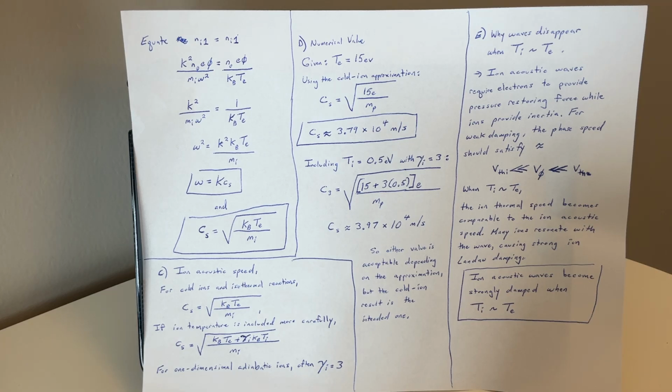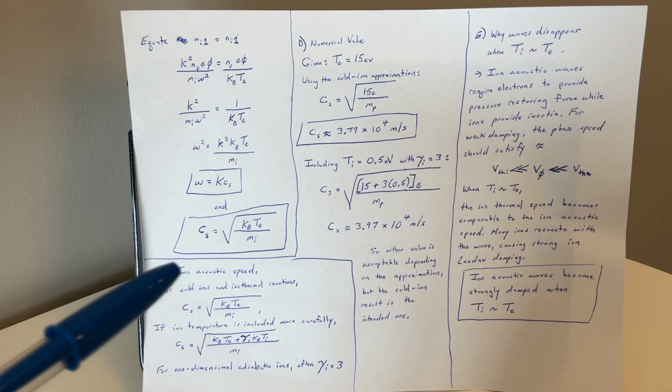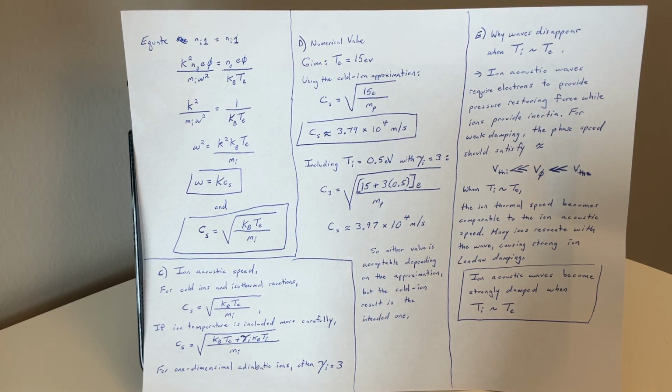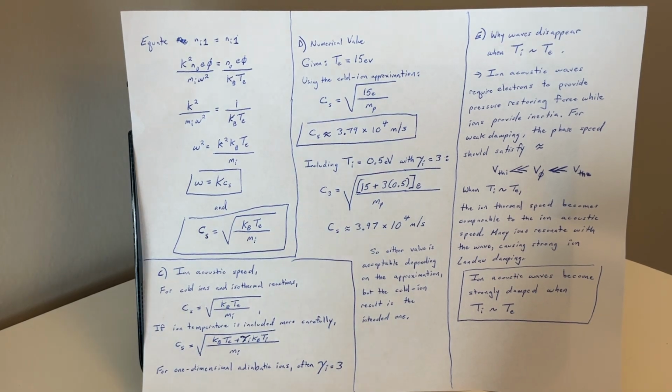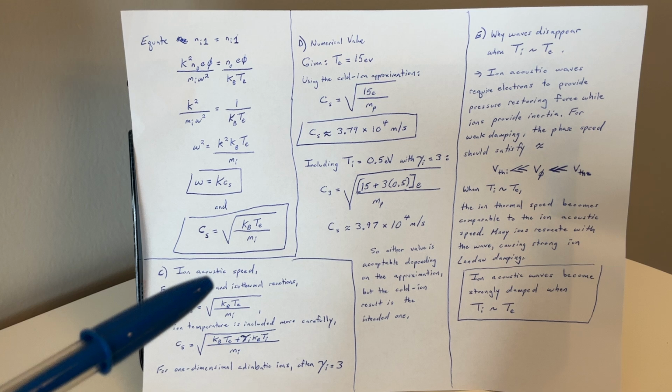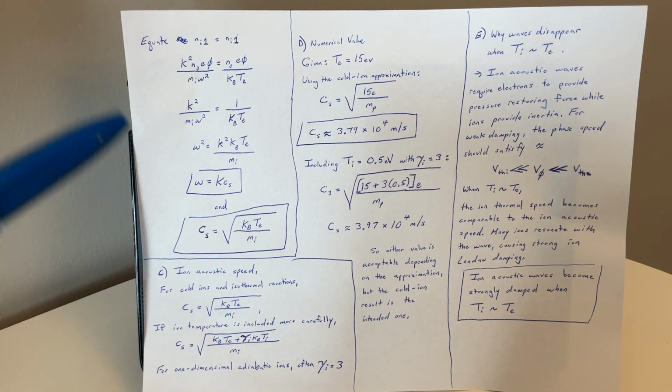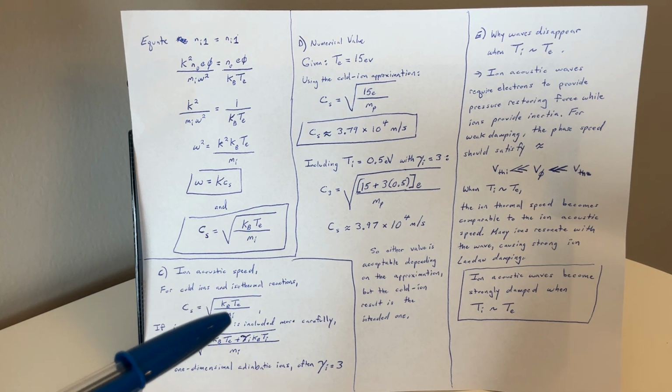Now to part C, we want to determine the ion acoustic speed. For cold ions in isothermal conditions, c_s equals what we derived here, the square root of k_B T_e over m_i.